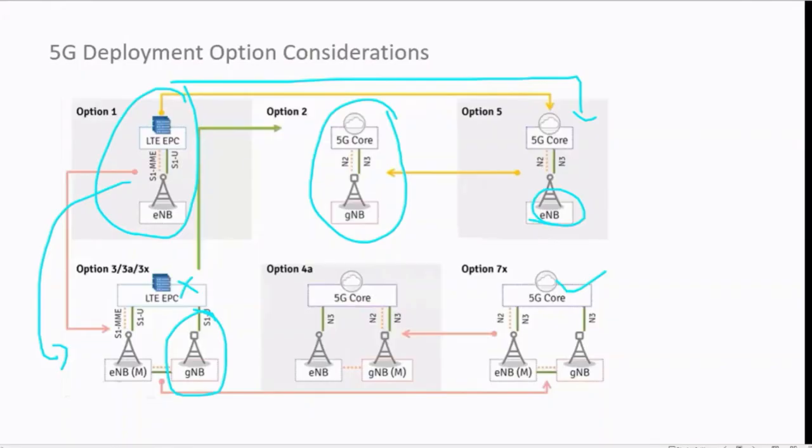In 7x, we have discussed that the E-NodeB is the master and the G-NodeB is the secondary. After that, we can migrate to 4A. So these are the various paths an operator can follow. They can take any path, but generally they use option 1 to 3x.